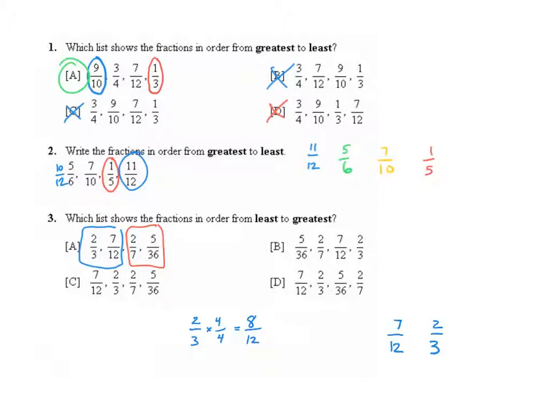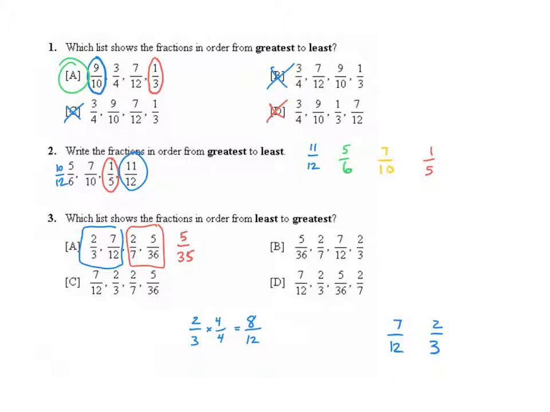And then my two other ones that I know are less than a half, 2/7 and 5/36. With 5/36, if I multiply 5 times 7, I get 35. So 5/36 is actually less than 1/7. 1/7 would be 5 over 35, and we have 5 shared among 36, which is going to be a smaller fraction.